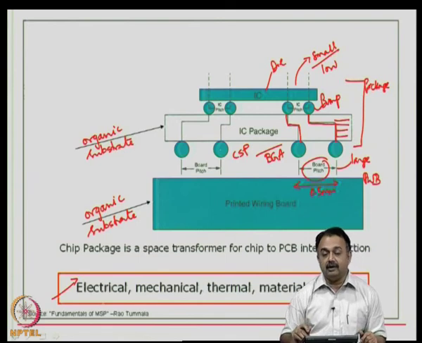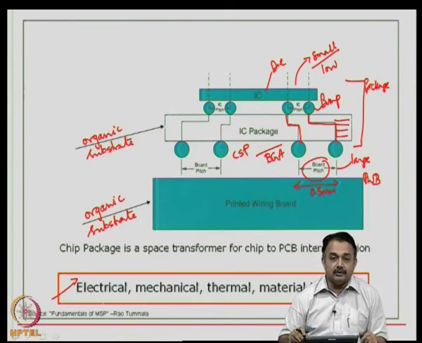So, there can be issues like crosstalk, impedance issues and other electrical parasitics that you have to take care of, or which will become visible if you try to test these kind of electrical issues.